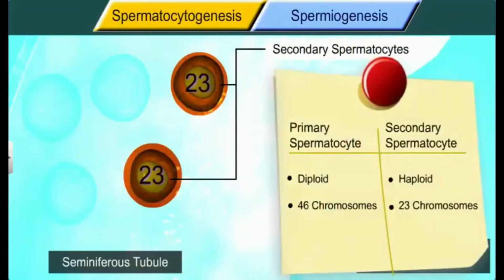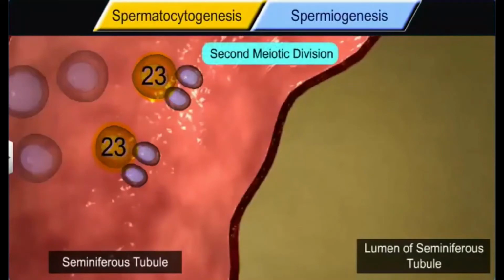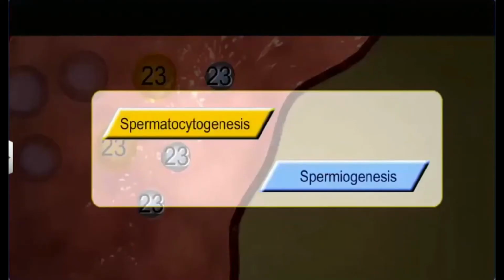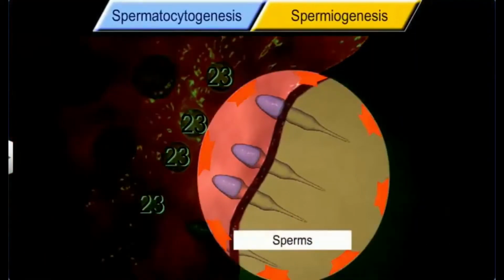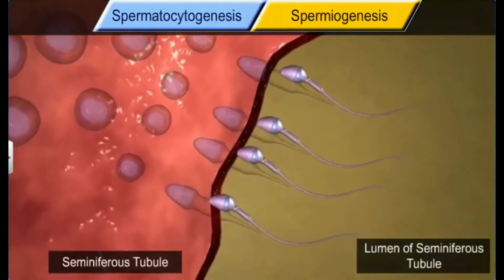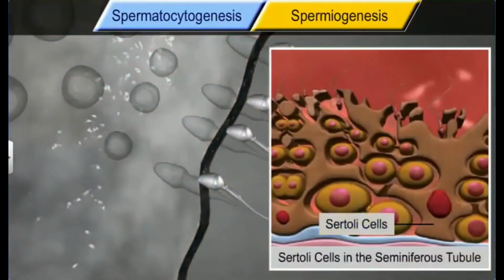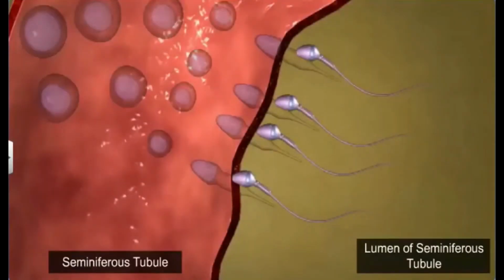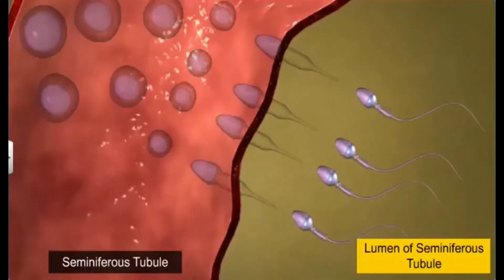Spermatocytogenesis is succeeded by spermiogenesis, during which the spermatids differentiate into elongated, tadpole-like spermatozoa, or sperms. However, during this process, the heads of the sperms remain embedded in the Sertoli cells, which provide these developing sperms with nutrition.